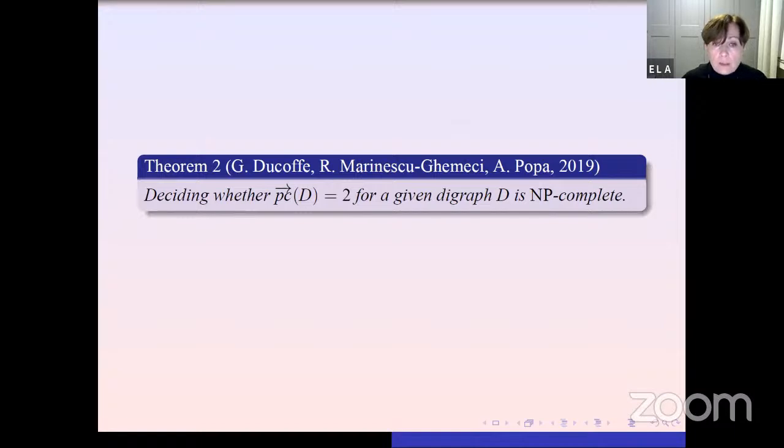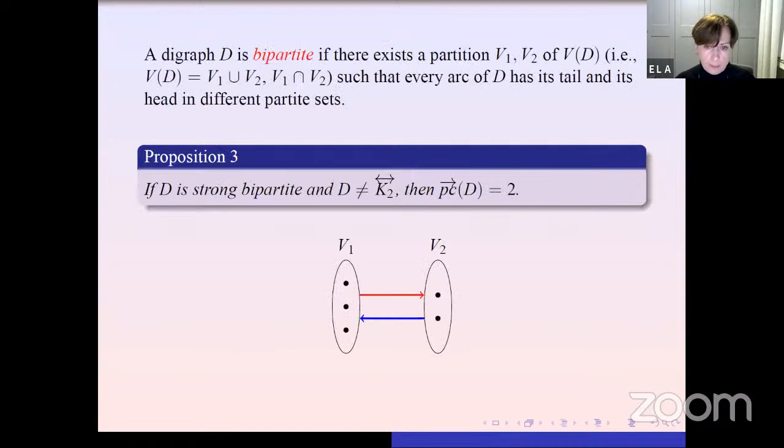From this result, it follows that it is interesting to give a characterization of the digraphs with proper connection number equal to 2, or give a sufficient condition for a digraph to have proper connection number equal to 2. And a family of such digraphs are strong bipartite digraphs.